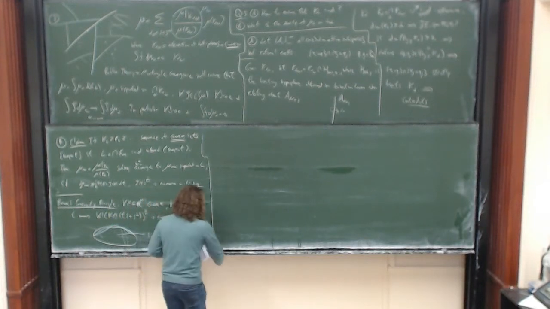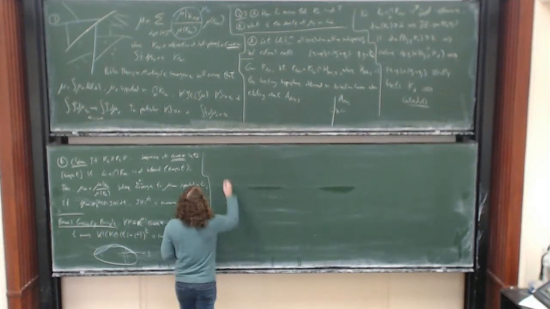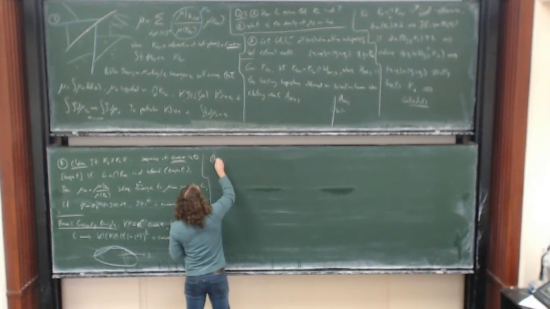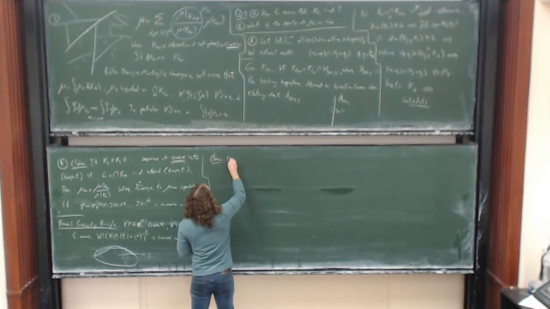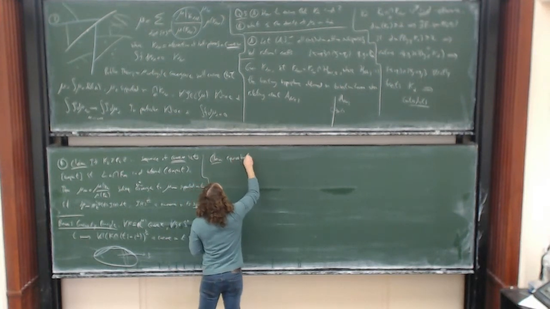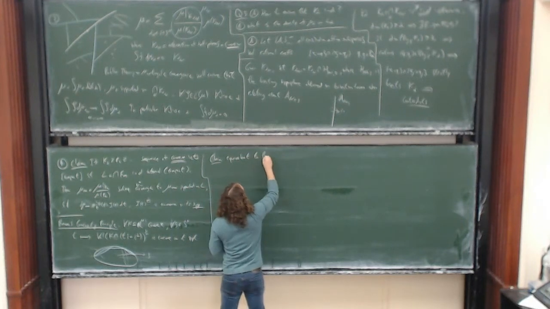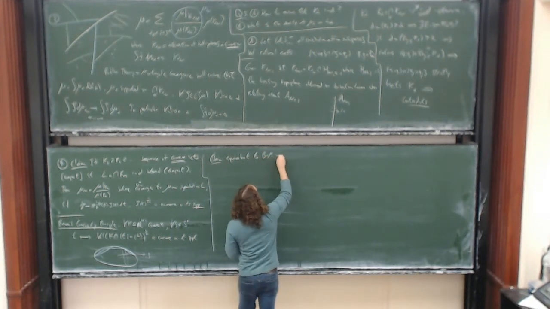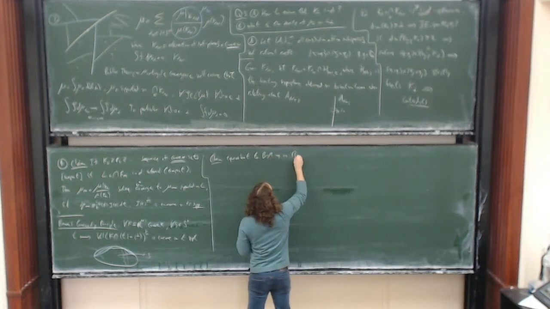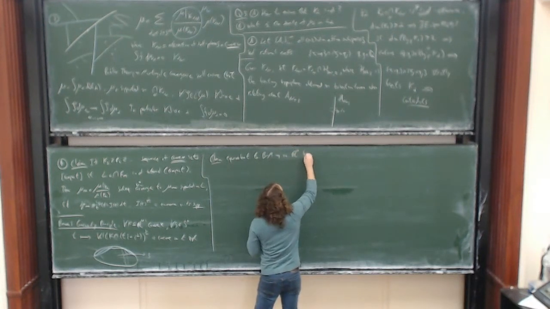Why is that? It's very easy. We actually proved it. So the claim is this is equivalent to the Brunn-Minkowski inequality on R^n, not R^(n+1), for convex sets.